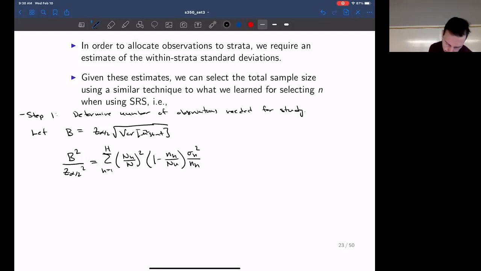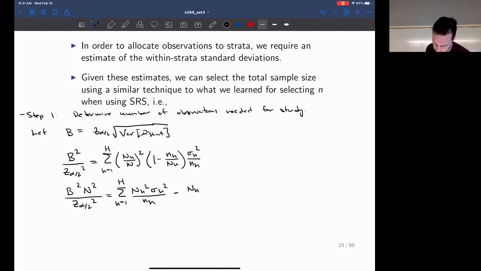If we multiply both sides by capital N squared, we have Z alpha over 2 squared, and this is going to be the sum from h equals 1 to capital H of capital N_h squared multiplied by sigma squared h divided by little n_h, minus capital N_h squared multiplied by little n_h multiplied by sigma squared h divided by capital N_h minus little n_h.